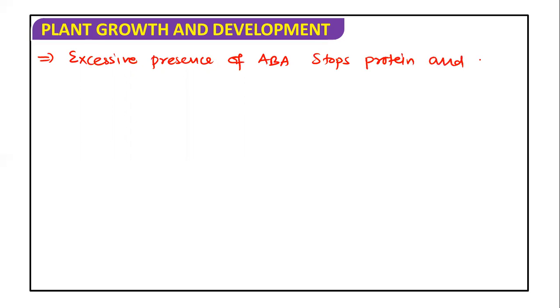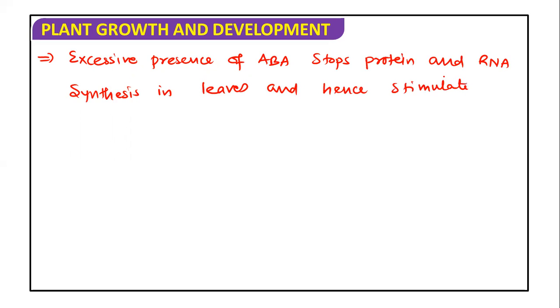Apart from this, if we talk about some more functions of abscisic acid, it is known that excessive presence of ABA stops protein and RNA synthesis in leaves and hence stimulates their senescence.